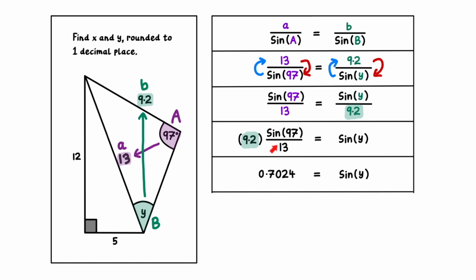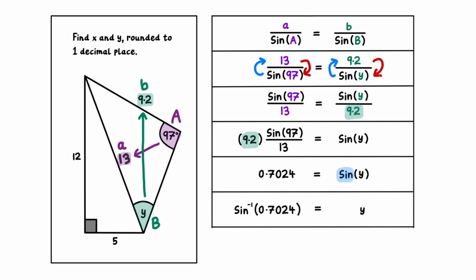Typing the left-hand side into our calculator, we see that 0.7024 equals the sine of y. Now, to remove the sine function from the right-hand side, we should take the inverse sine of both sides. Typing the left-hand side into our calculator brings us to our final answer. Y equals 44.6 degrees.